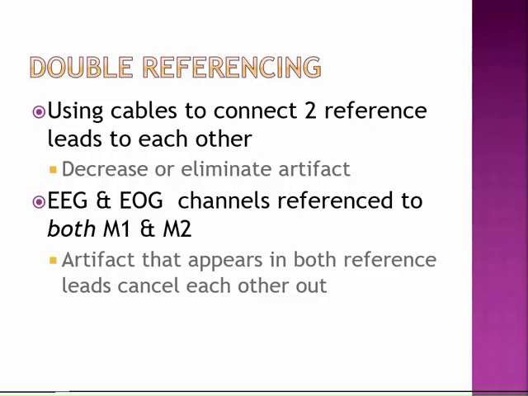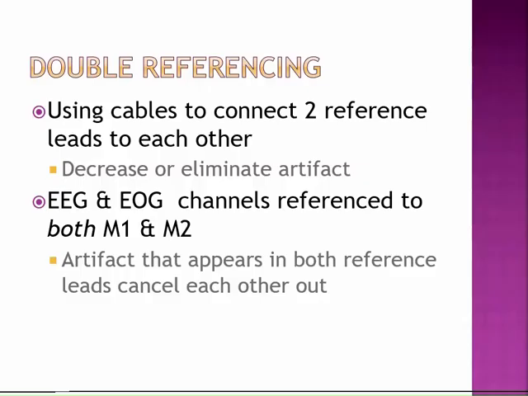Not only are those electrodes recording the brainwave activity, but they're also recording all of the ambient electrical activity going on in the room. And the M1 and M2 are not picking up any brainwave activity, but what they are picking up is all the ambient electrical activity in the room.